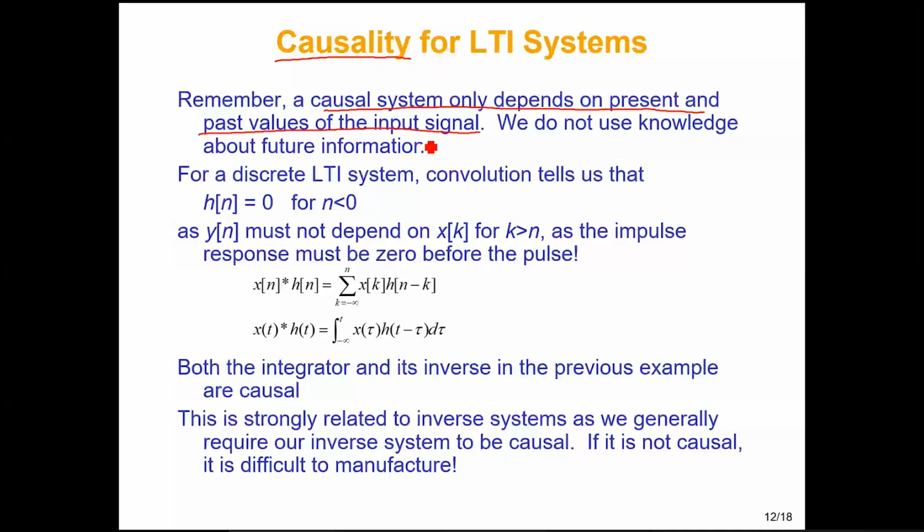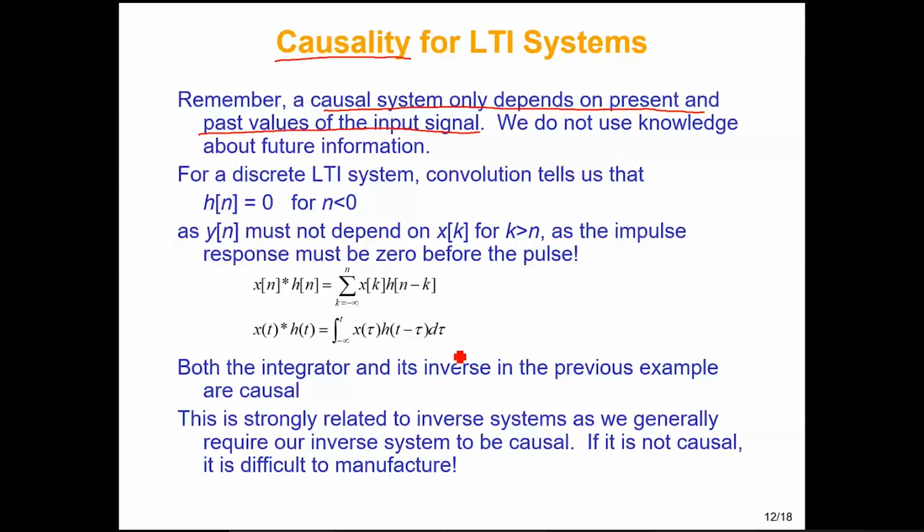Typically real world systems are causal in nature. Now anti-causal or non-causal are theoretical systems, so they are not physical real systems. At times we are interested in finding the inverse of a system, but the other point of interest is that the inverse also should be causal.